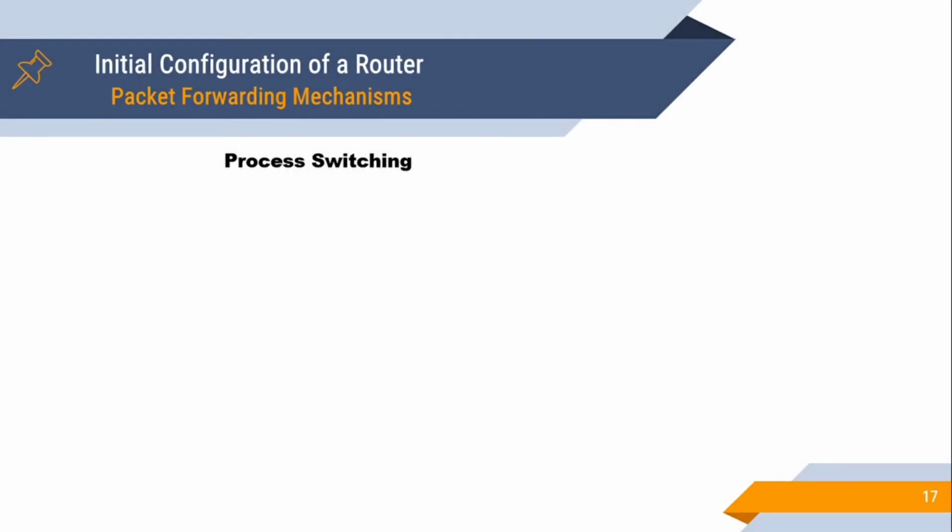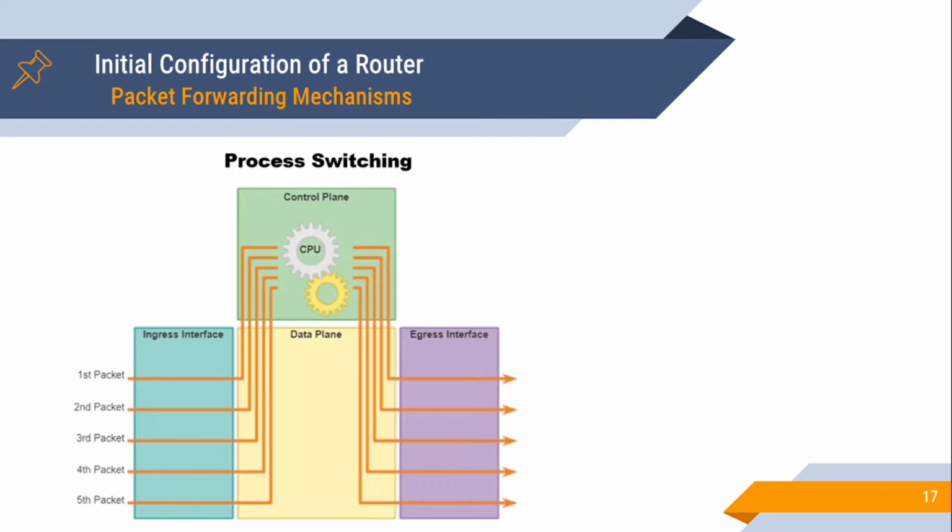So, there are three packet forwarding mechanisms supported by routers: process switching, fast switching, and lastly Cisco Express Forwarding, or CEF.